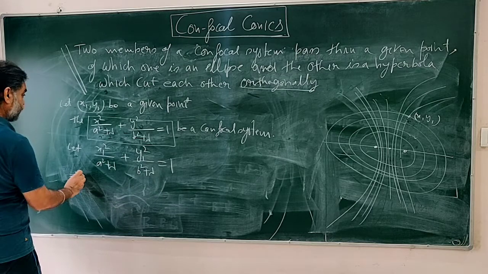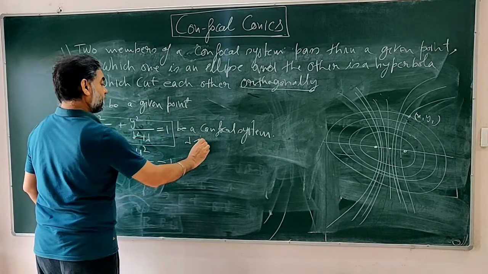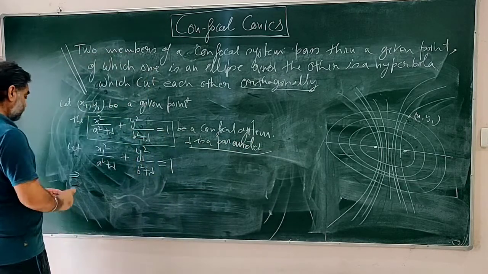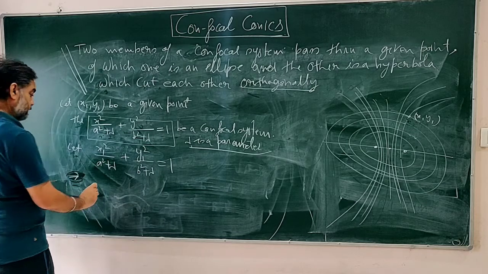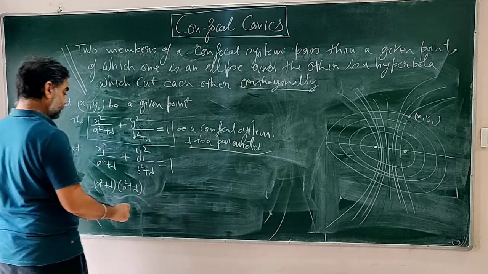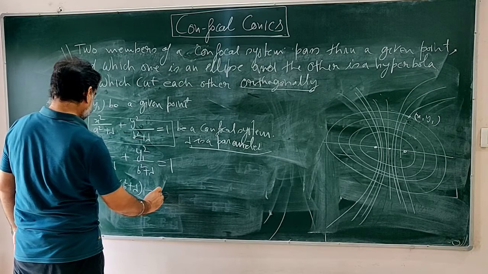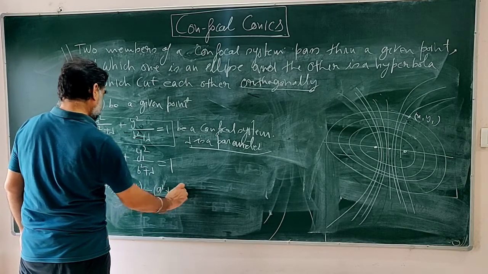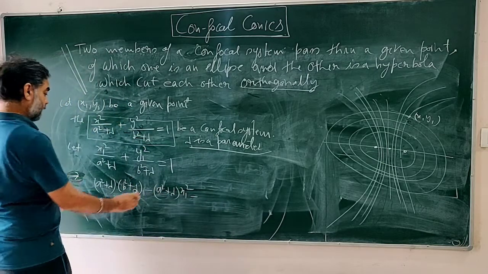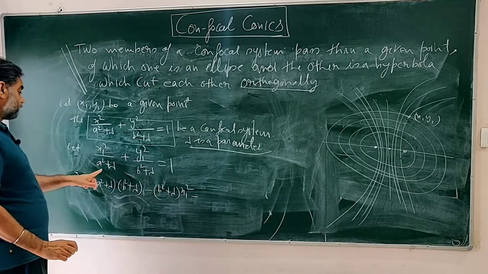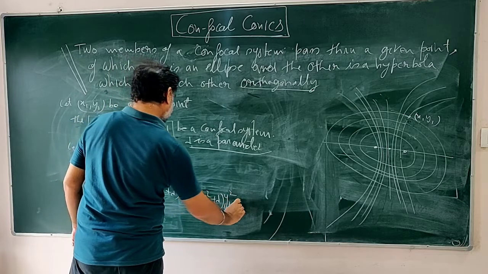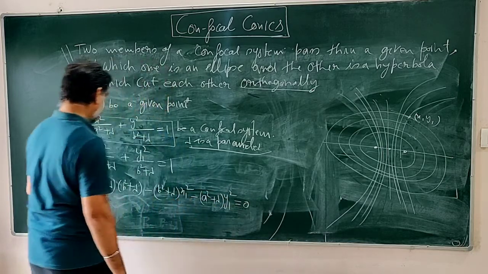So we have put x1 and y1 in this confocal system. This implies what? Lambda is a parameter. So this implies a square plus lambda into b square plus lambda minus b square plus lambda x1 square minus a square plus lambda y1 square is equal to 0.